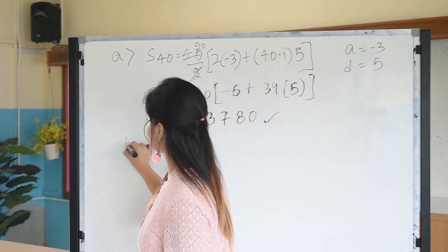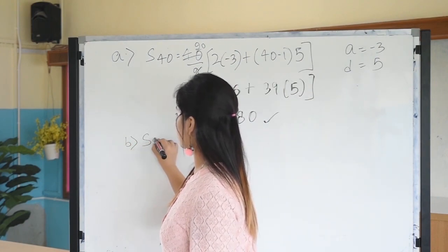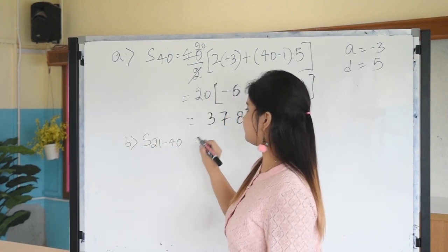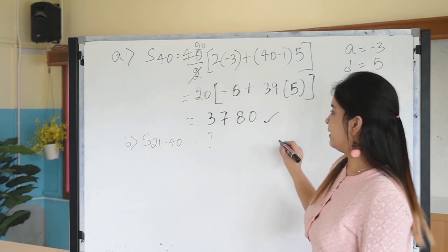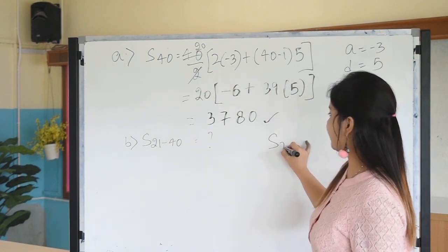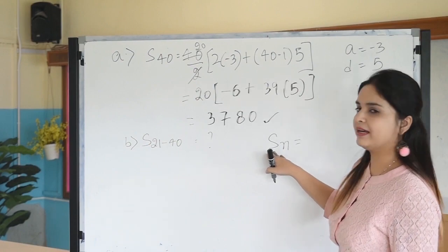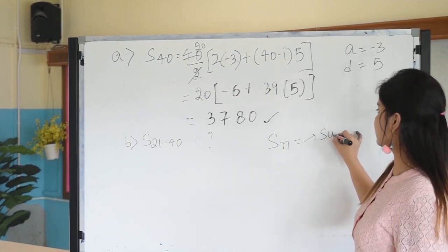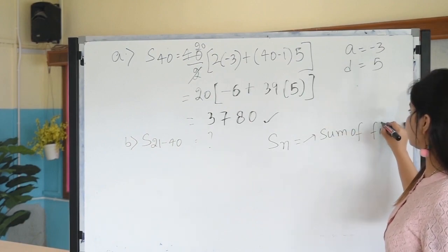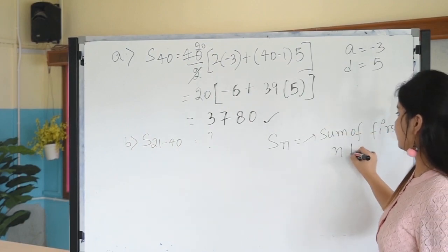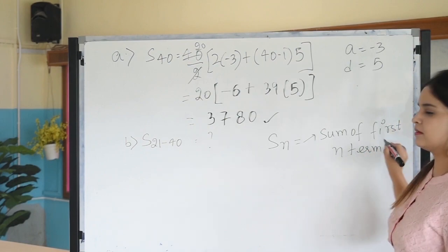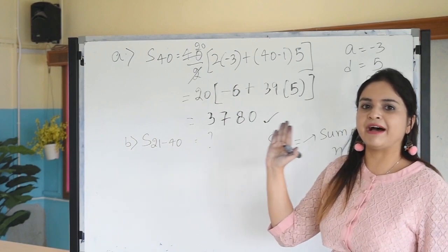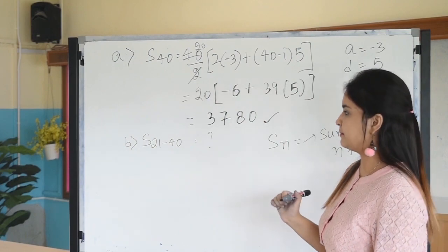Now my second question was finding the sum of the 21st term to the 40th term. See, the formula to find the value of Sn stands for the sum of the first n terms. So this formula is only for finding the sum of the first n terms.